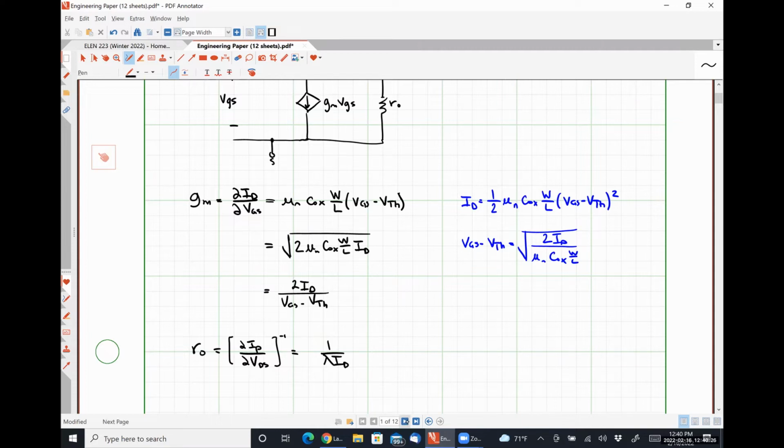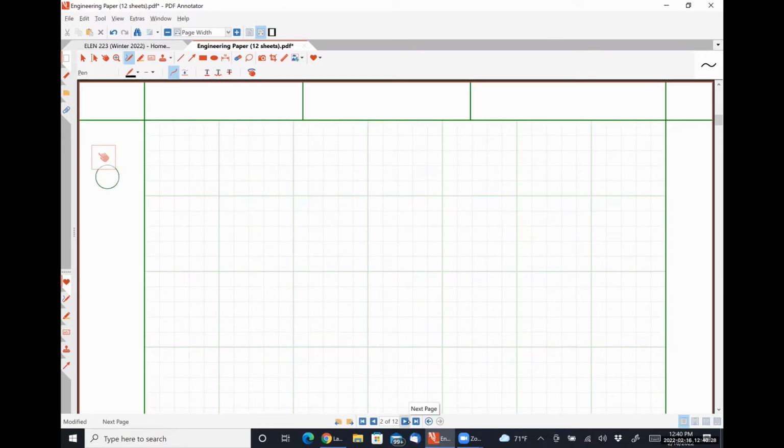So with that taken care of, let's start looking at some amplifier circuits. The first of which is the common source amplifier. So the common source amplifier is the MOSFET version of the common emitter amplifier.